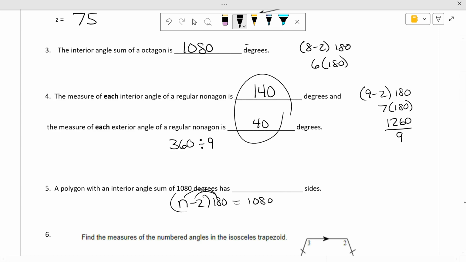So if I distribute, 180n minus 360 equals 1080, add 360, 180n equals 1440. Divided by 180. How many sides does it have? 8 sides.